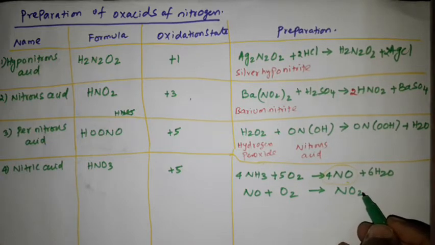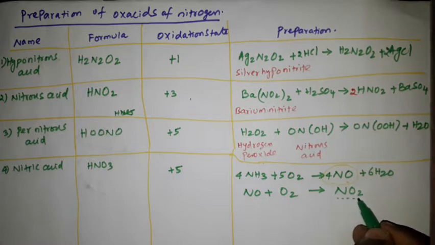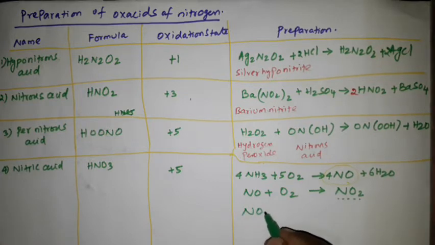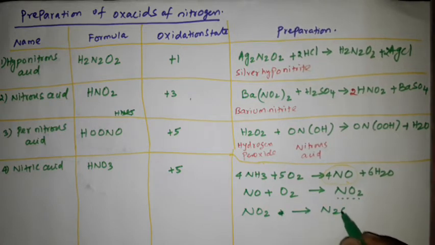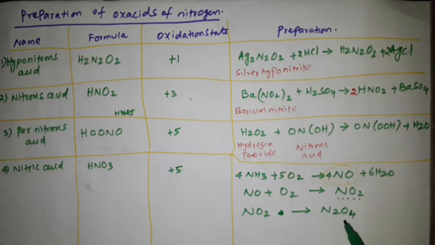Then this NO2, sorry, it will not decompose, it will produce N2O4, dinitrogen tetroxide. So this is step number 3.